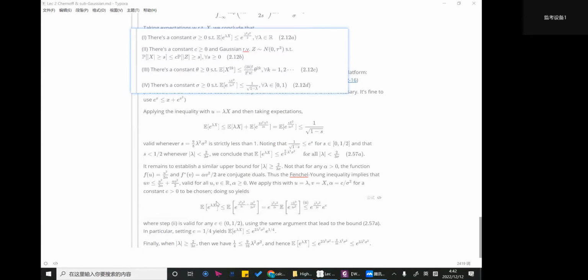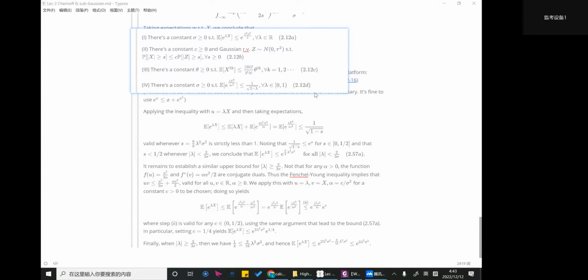To prove this, the linear form of the exponential, the author used Fenchel-Young so as to incorporate the quadratic form of x. So this incorporates the quadratic form of x, then we get the result from the assumption from case 4. Then we get the conclusion.